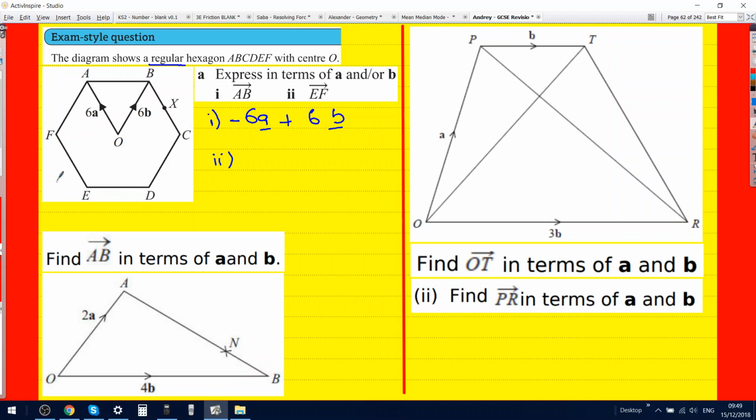What side will be the same as EF? Same size, same direction.